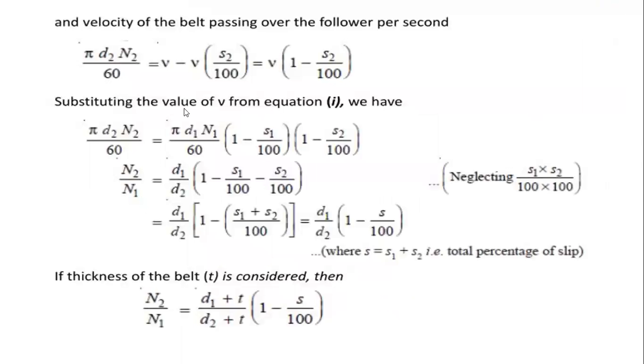Next, the velocity of the belt passing over the follower per second is similarly taken as πd2n2/60 = v − v(s2/100), that is v(1 − s2/100).